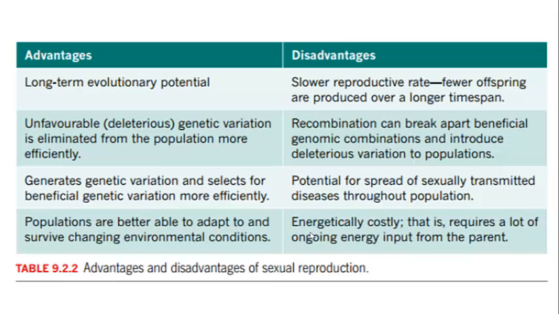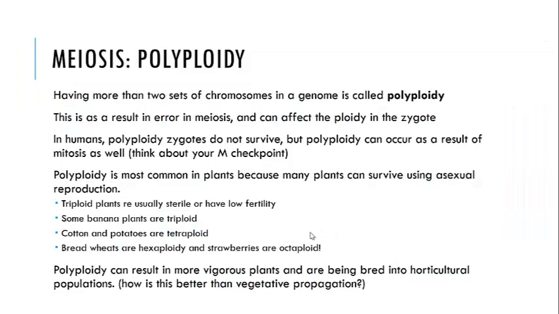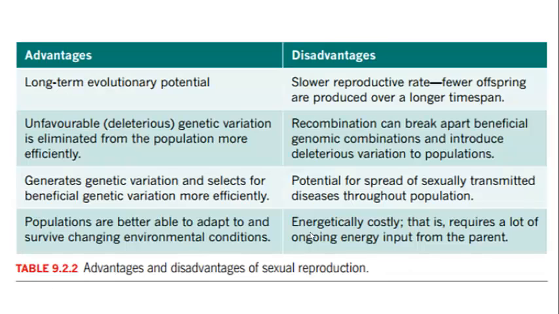When we talked back here in this slide, when we have polyploidy, we said that this doesn't really survive, especially in humans. Sexual reproduction also generates genetic variation and selects for beneficial genetic variation more efficiently.